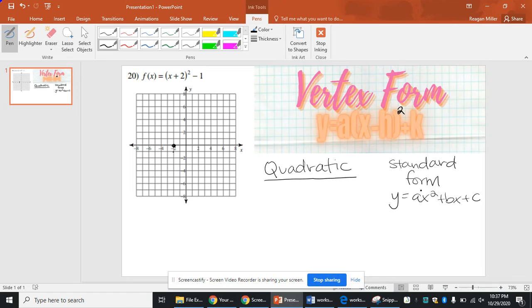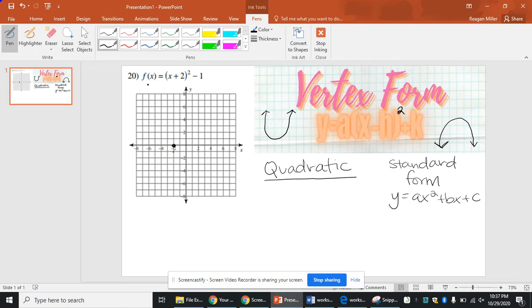Here we're still getting the exact same information. Our vertex form parabolas will still be parabolas. They'll still make this U shape that could open up, or a U shape that could open down. So all of that stuff is the same. The only thing is that it's in a little bit of a different order.